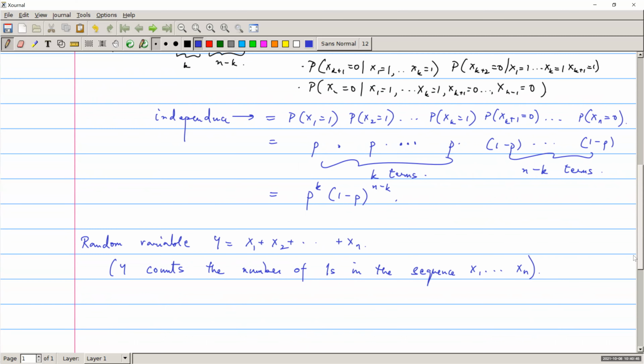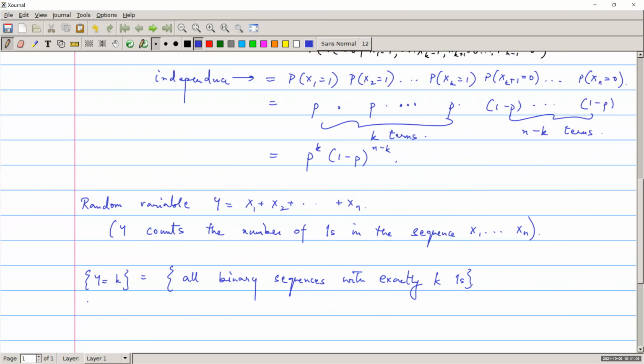Now, last class we also said that the event y equals k corresponds to all binary sequences with exactly k ones. And we also saw that the number of sequences with exactly k ones is n choose k.